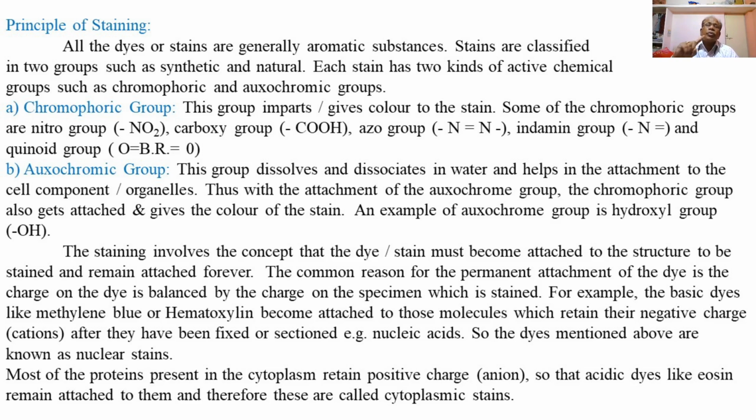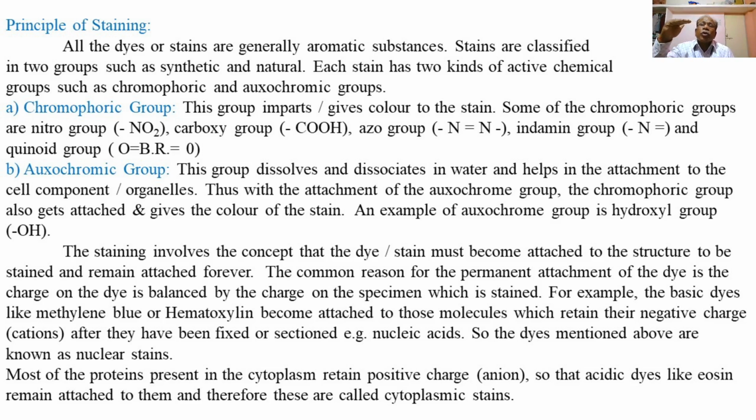The chromophoric group gives a particular color to the stain itself and the oxochromic group is responsible for the attachment of the stain to the cell and the cellular components or the cell organelles. And ultimately, the cell component or the cell organelles will get the particular color of the stain in the biological preparations.